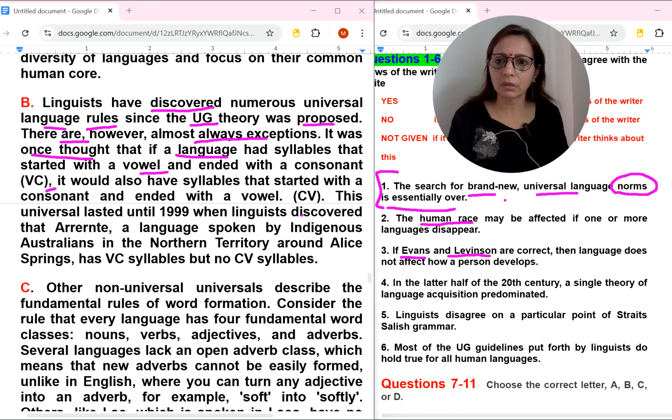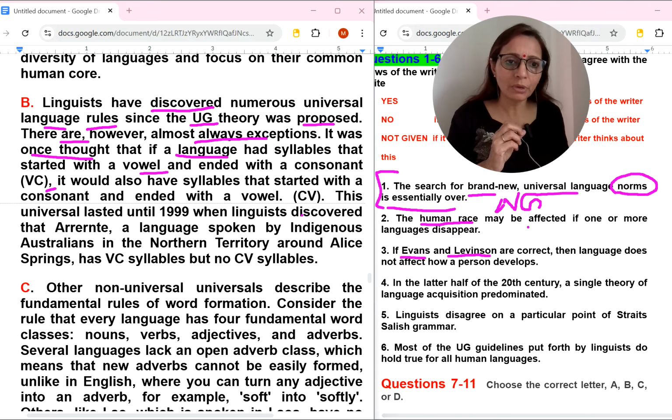So it means, I think we will just mark it not given, because the main soul of the question statement is missing. The search for brand new thing is missing. Okay, so they have discovered numerous universal language rules, they are talking about that, but brand new kind of thing is not there, and they are saying it is essentially over. Here also I have not found it, so till now I will just write not given.